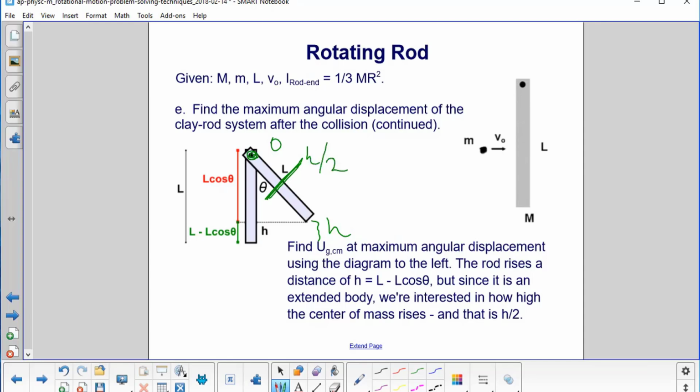And we have to deal with the center of mass here because we have an extended body. So the height that we're going to use for the gravitational potential energy will be h/2, or L minus L cosine theta, that entire expression, divided by 2. That's a big difference from dealing with extended bodies and just point masses.